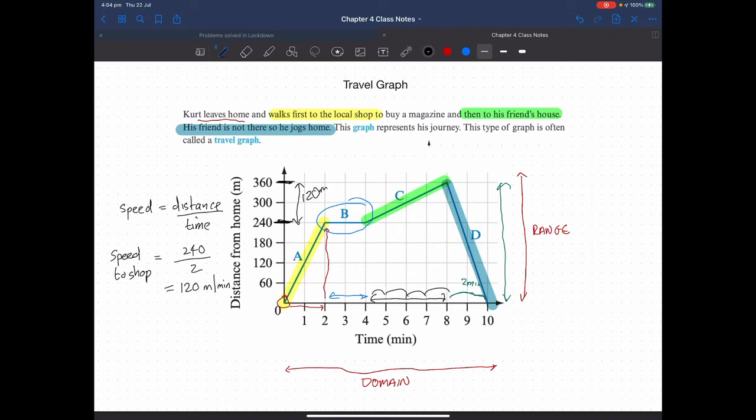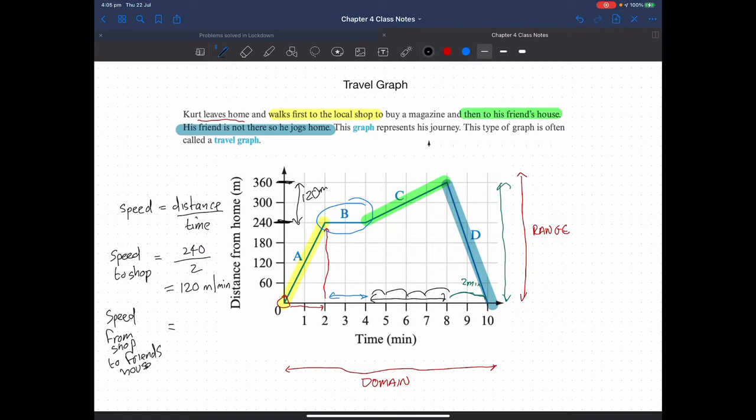If I wanted to work out the speed from the shop to friend's house, then the distance he travelled, he was 240 metres away from home.